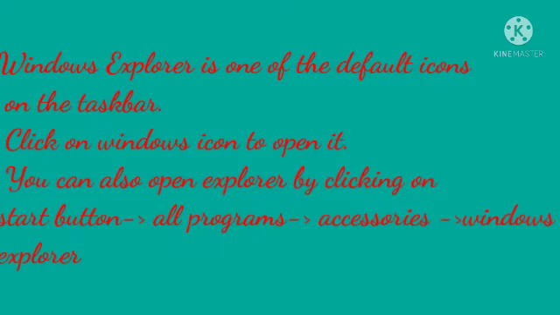Students, next we will study about files and folders. You know that all the data entered into the computers are saved as files. Then what do you mean by a file?